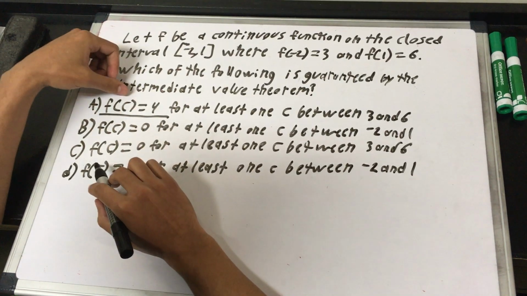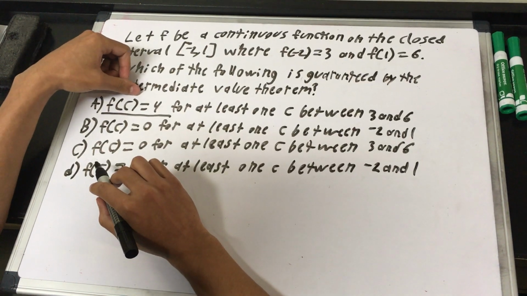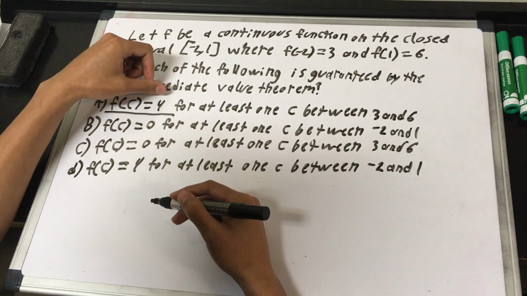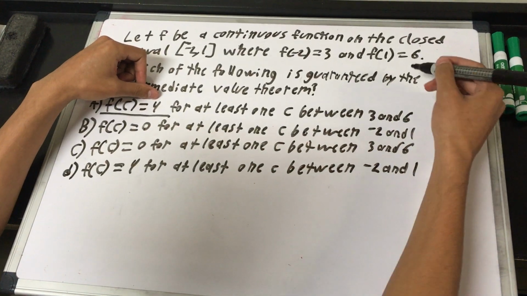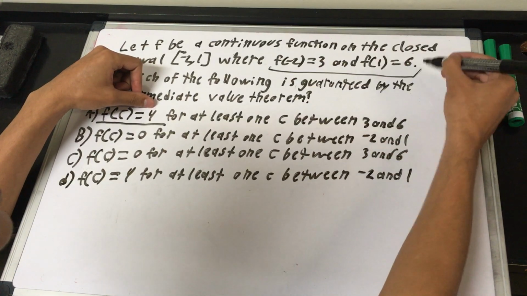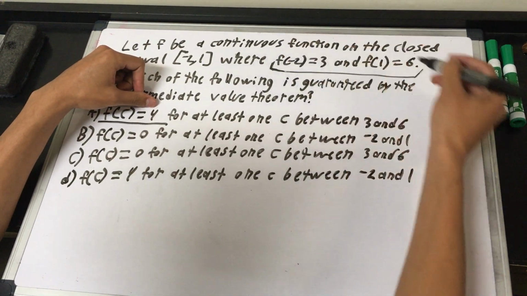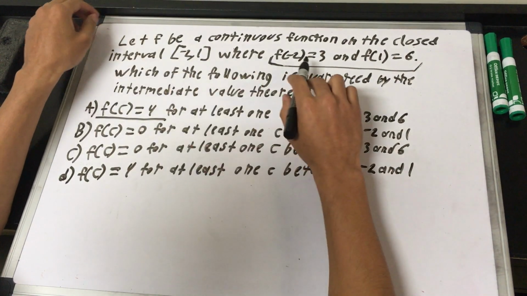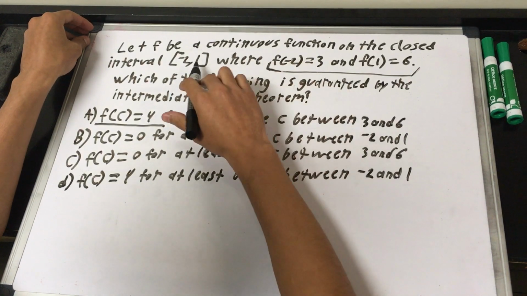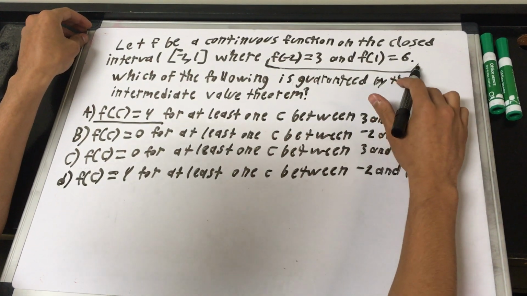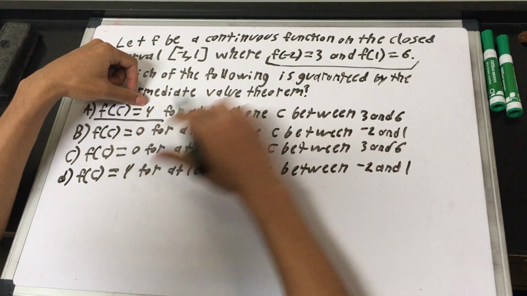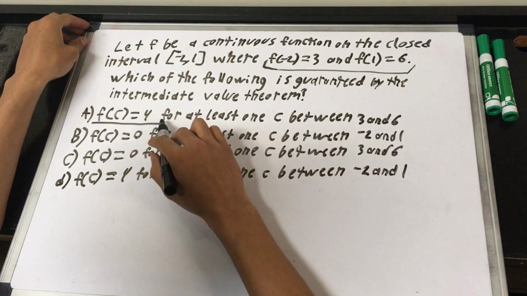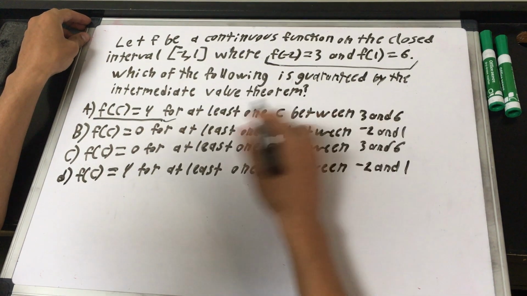So at some x value being c, the y value is going to be 4. In the problem, they gave us the y values from the endpoints: at -2 it equals 3, and at 1 equals 6. So 4 is between 3 and 6, which makes sense based on the intermediate value theorem.